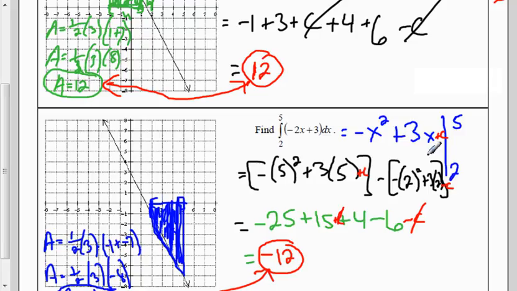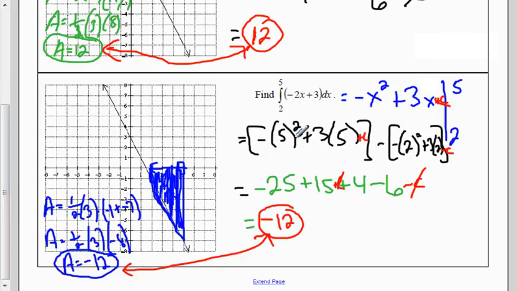So what we've done is we've just left them out. When we're doing a definite integral, we don't need the constant of integration anymore. So as we go through, we first put in F of b, which is the upper limit of integration, and I get negative 25 plus 15, then we put in the lower limit of integration, 2, and we get negative 12. And if I did it the old-fashioned way, I get negative 12.